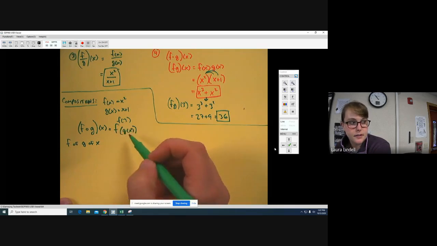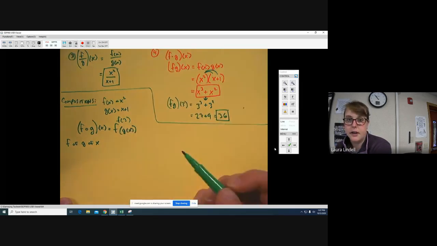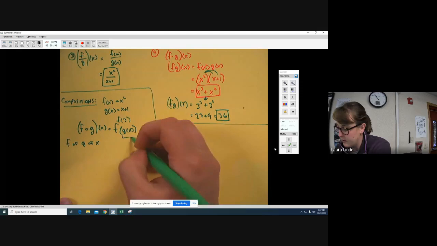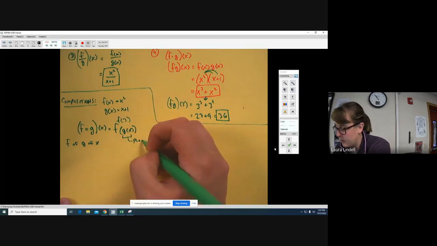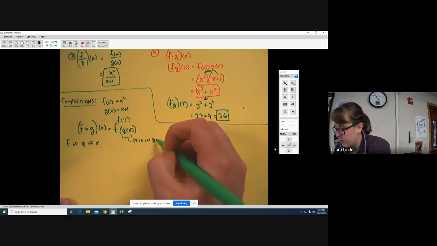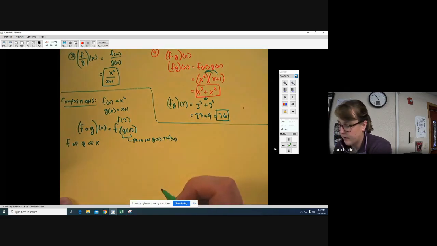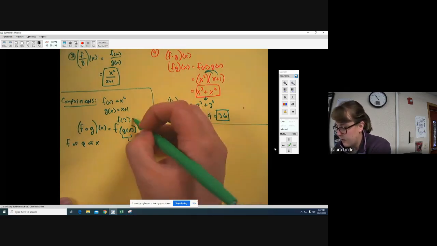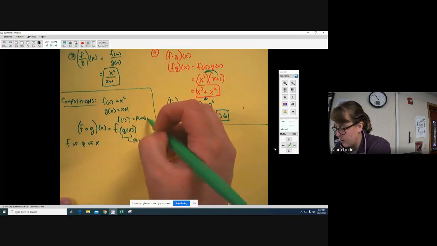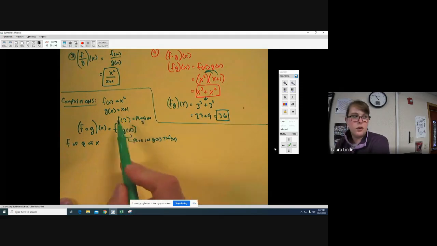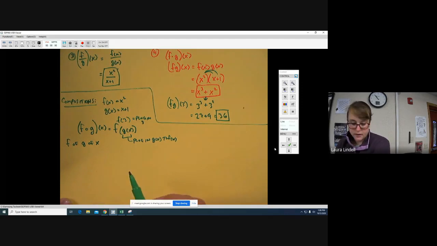What this is telling us is plug in g of x to your function f of x. So this would tell us, plug in 3 for x. This is telling us to plug in g of x, that entire function, anywhere there's an x.